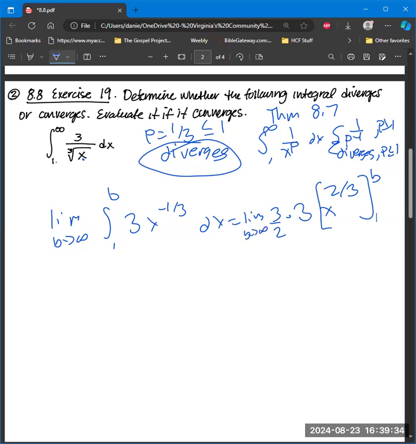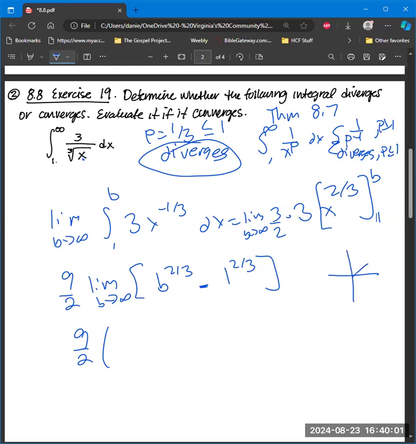So this is 9/2 times the limit as b goes to infinity of b to the 2/3 minus 1 to the 2/3, which is 1. And b to the 2/3 as b goes to infinity is infinity. Minus 1.